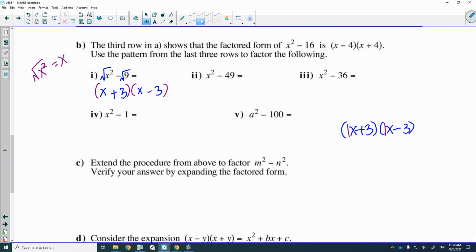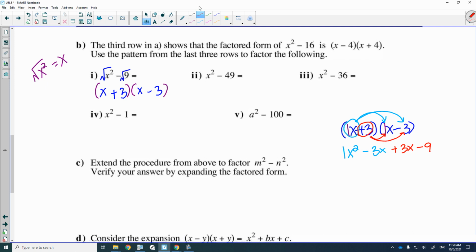So circle that first term, get it distributed into the second bracket. 1x times 1x is 1x squared. 1x times negative 3 is minus 3x. You would then go to your plus 3, and you would distribute that into your second bracket. 3 times 1x is plus 3x. 3 times negative 3 is minus 9.